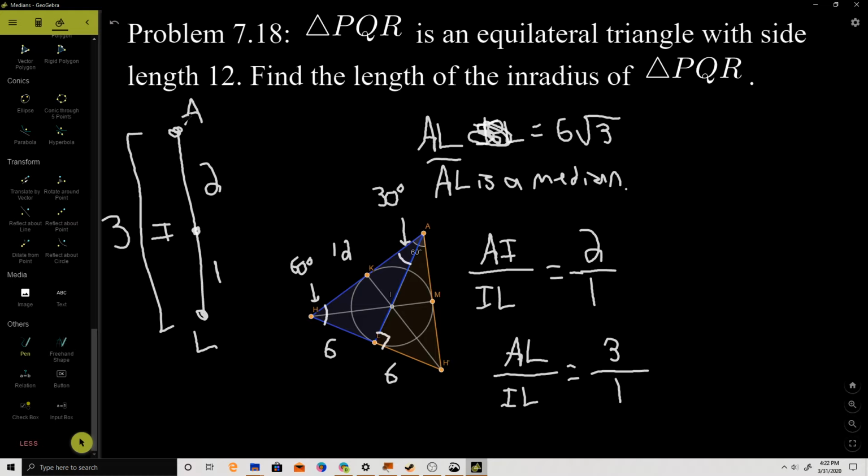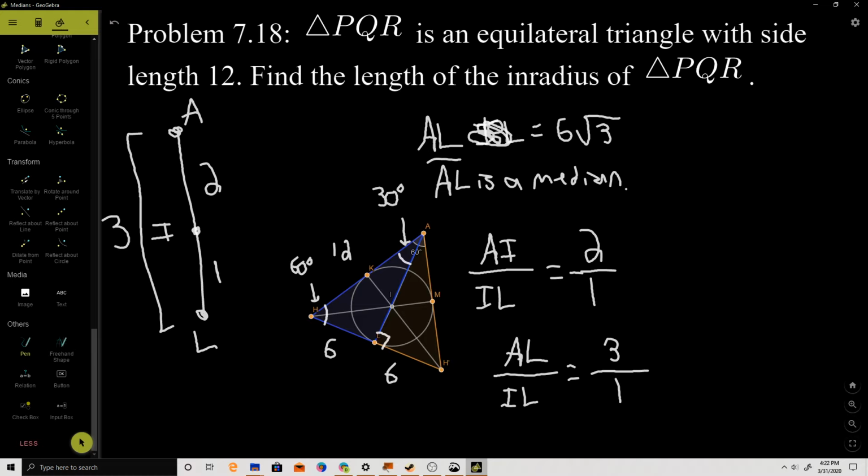Again, because if AI and IL have a 2-to-1 ratio, then the whole segment has to be imagined as your 3. And if you compare that with the smallest part, 1, it's a 3-to-1 ratio.